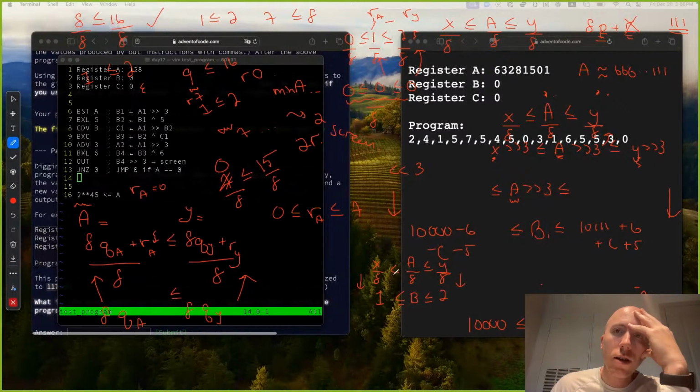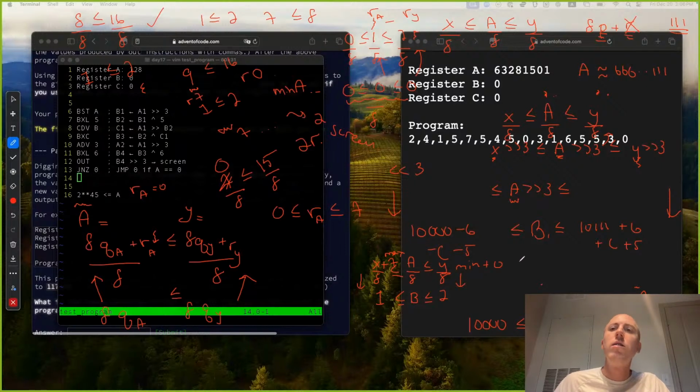For this to be true, A has to be greater than or equal to maybe the max of this guy and the min of this guy. The max in terms of a remainder of 7, and this is a remainder of 0.